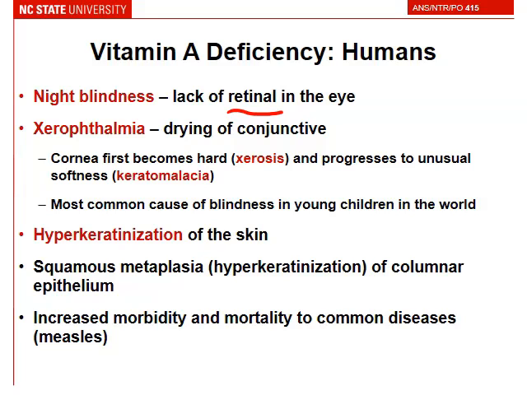So the cornea first becomes hard because of the scar tissue that's forming, because we are cleaning up this onslaught of bacterial infections. And then after a while, it just becomes soft.